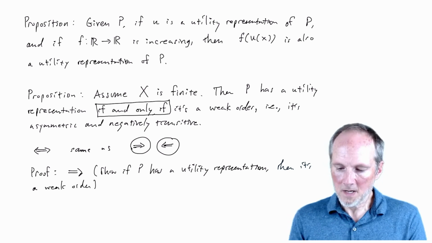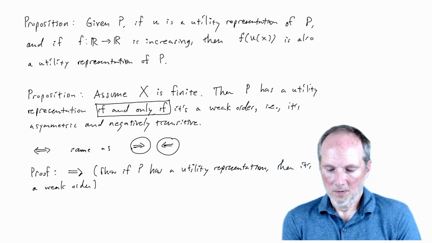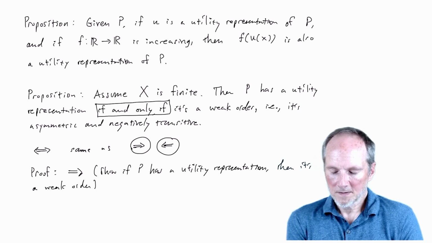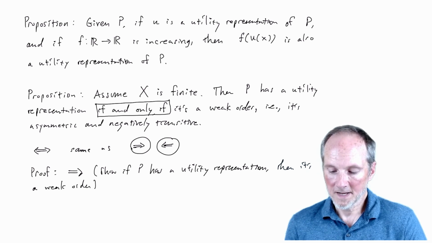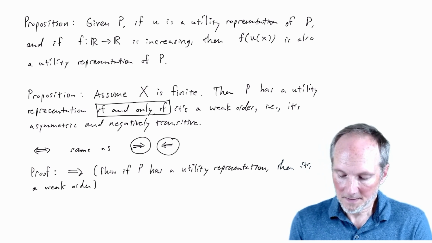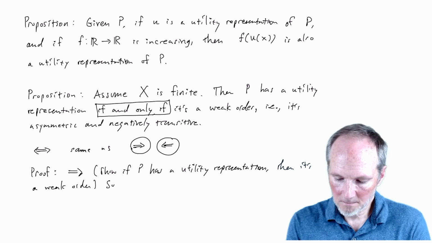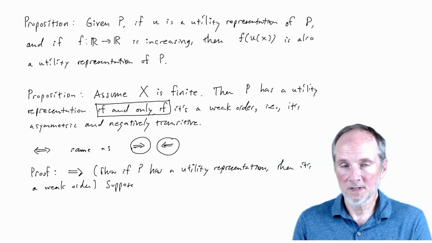All right. So when you're proving a logical conditional, you want to take on the antecedent as an assumption. We're going to suppose that P has a utility representation.